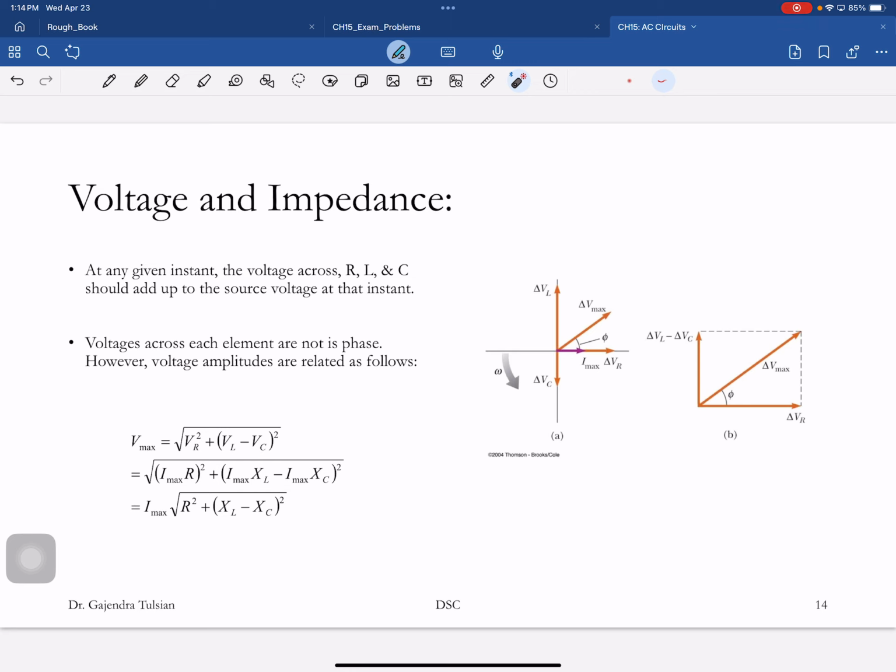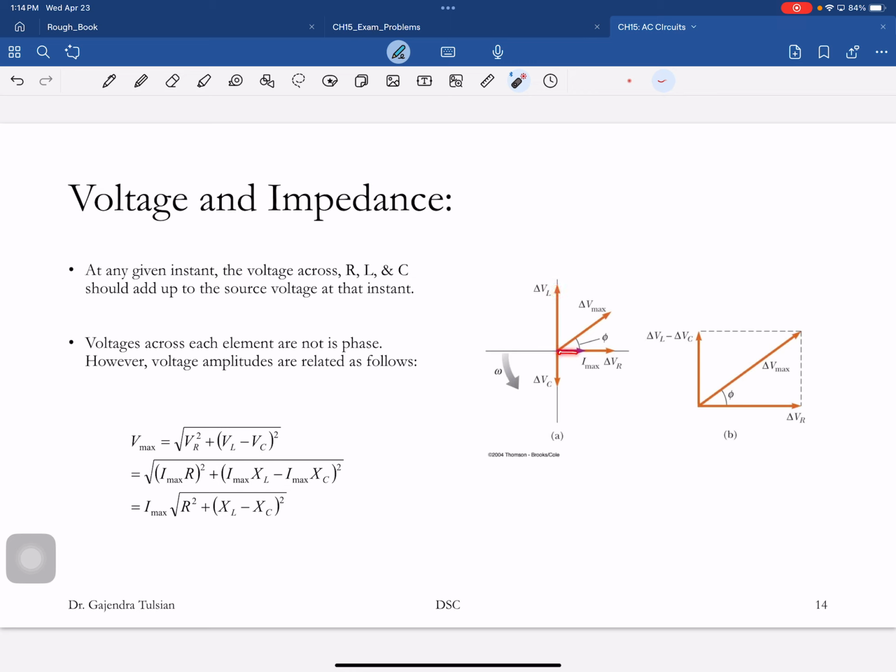The capacitor, the current was 90 degrees ahead of the voltage across the capacitor. The voltage across the inductor was 90 degrees ahead of the current.